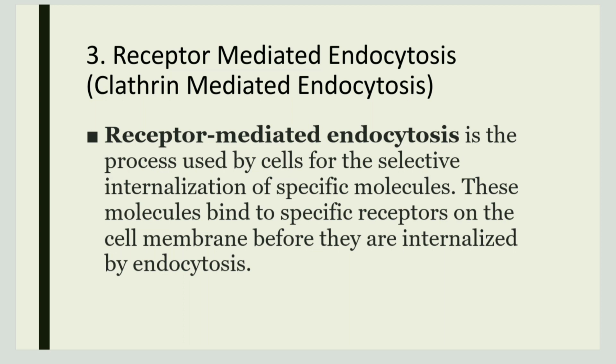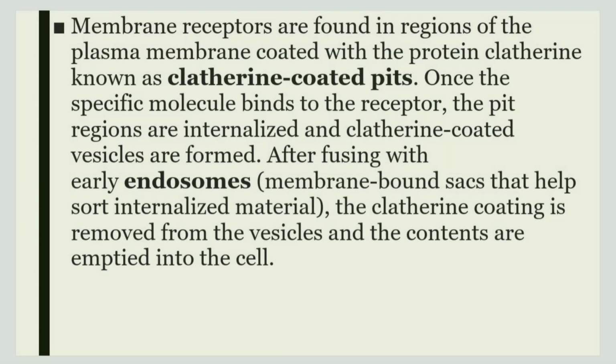These molecules first have to bind with the receptors, and these receptors are present in the cell membrane. Only after the molecules bind with the receptors are they taken inside the cell. Membrane receptors are seen in the plasma membrane, and these receptors are coated with a protein, which forms clathrin coated pits.